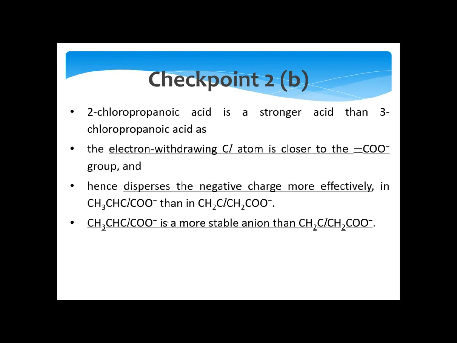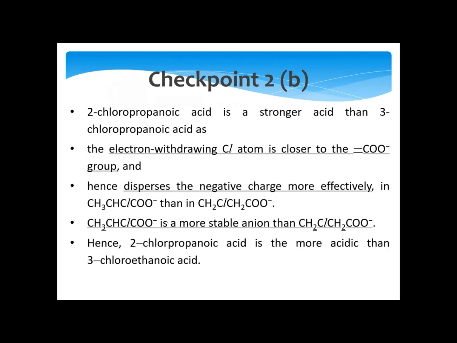Write out the anion. You don't have to name it, but you can just write out what the anion is. As a result, 2-chloropropanoic acid is more acidic than 3-chloropropanoic acid. So this is how the explanation would be.